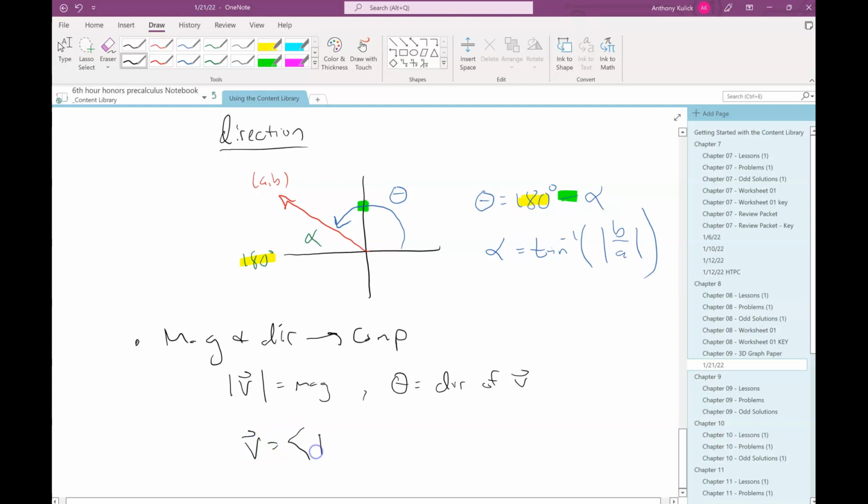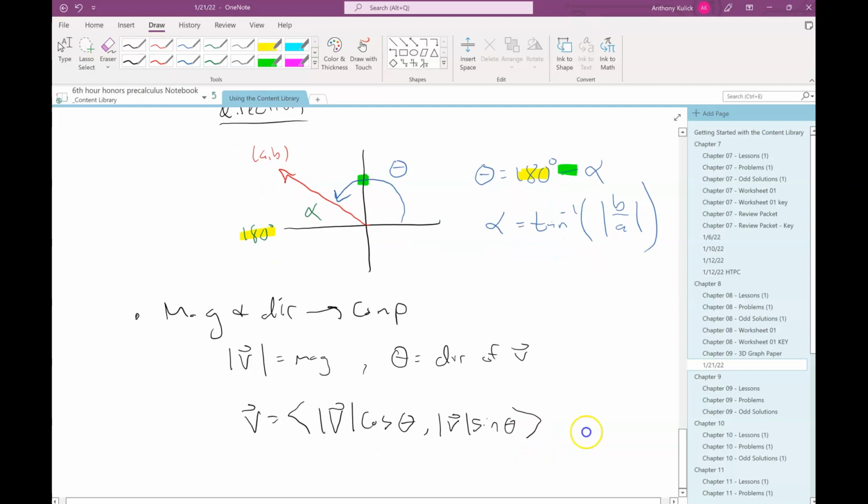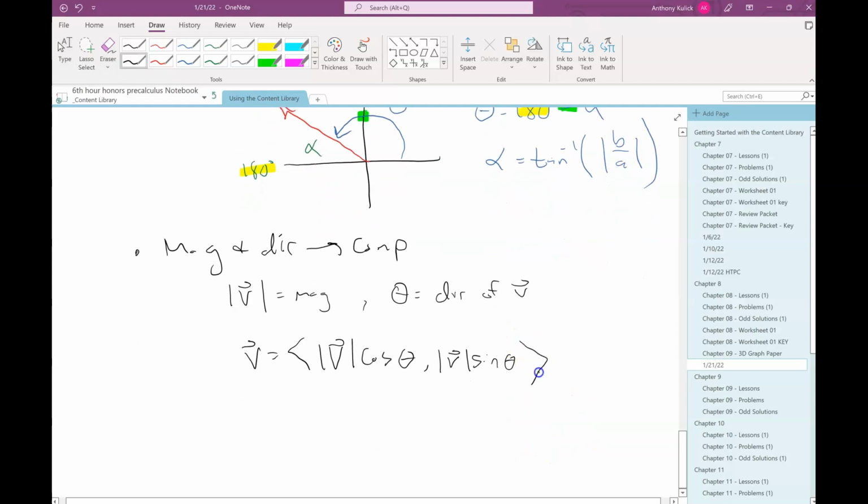So then in component form, our component form representation for V is going to be the magnitude of V times cosine theta, comma, the magnitude of V times sine theta. Does this look familiar?